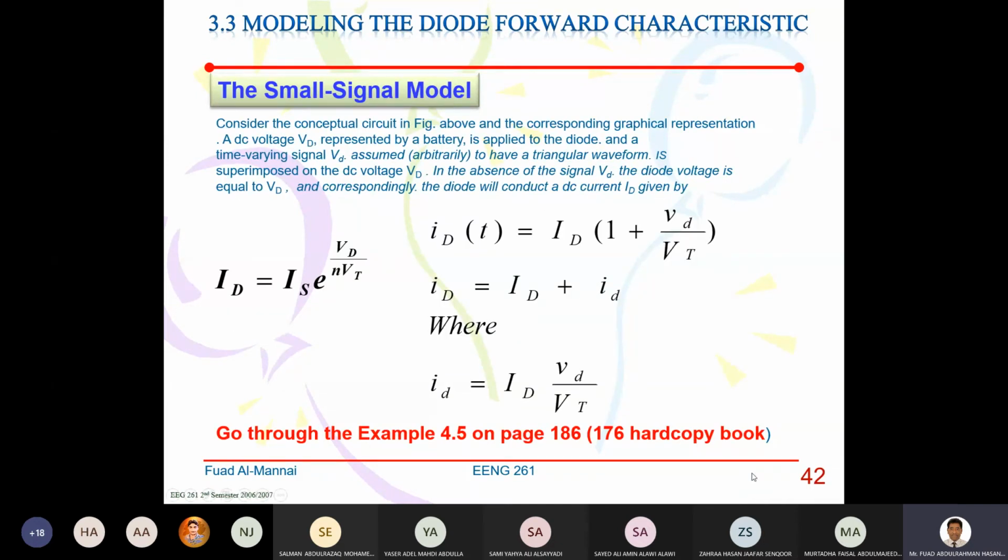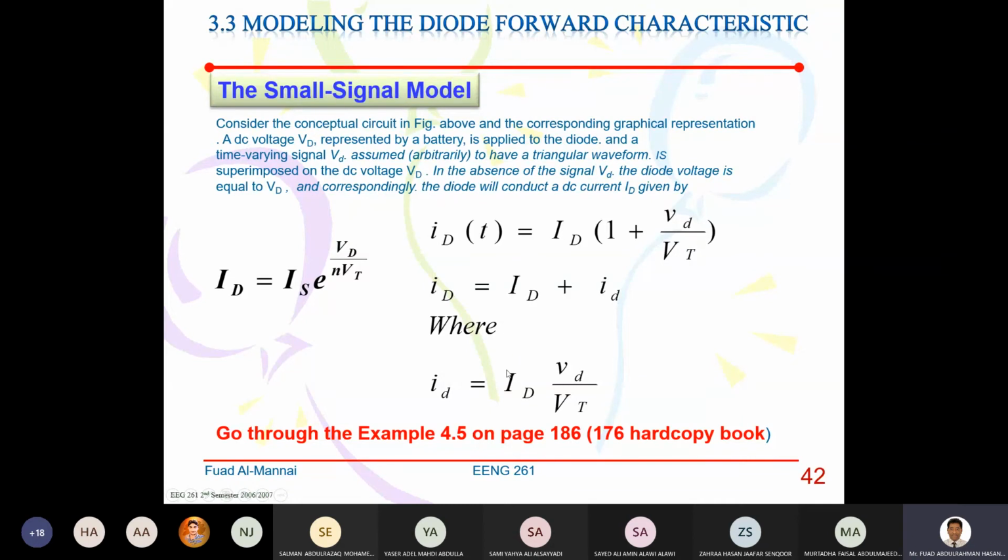As you can see from equation 4.2, ID is equal to ID DC times 1 plus VD, which is the AC, divided by VT, which is the thermal voltage. And ID total is equal to ID DC plus ID AC, where ID AC is equal to this multiplied by this here.